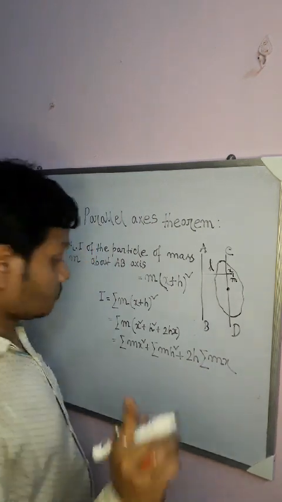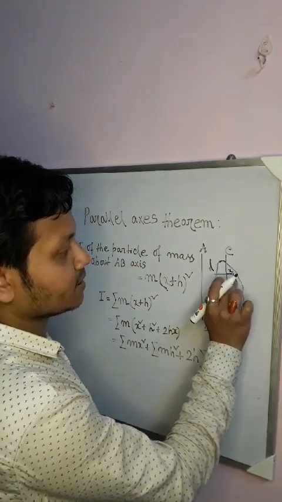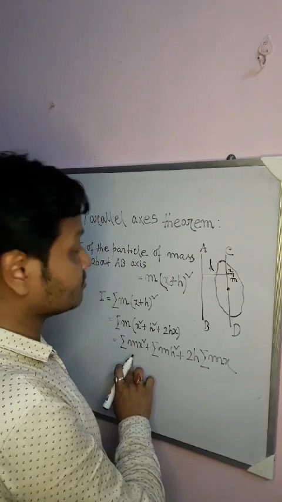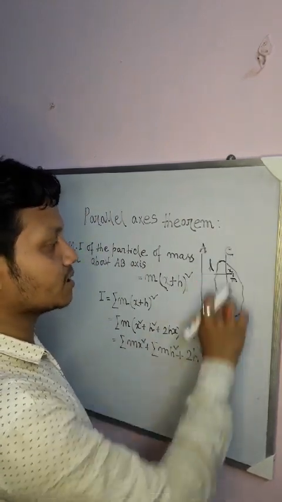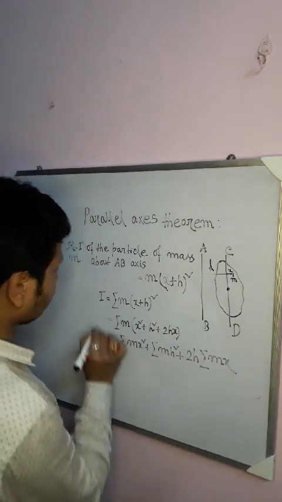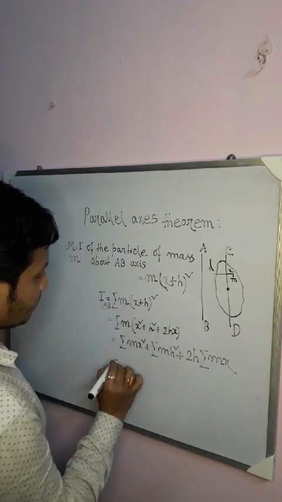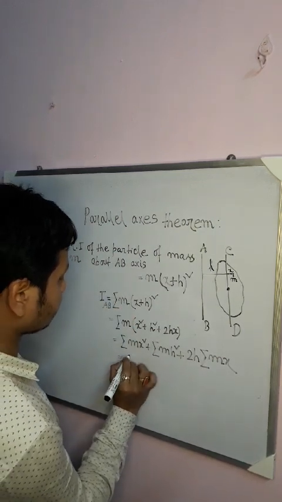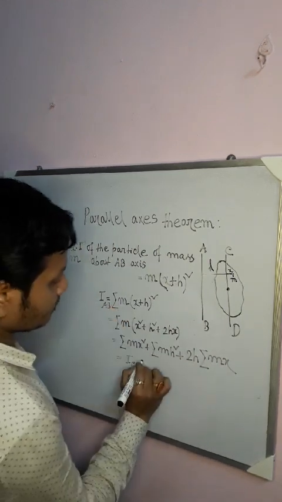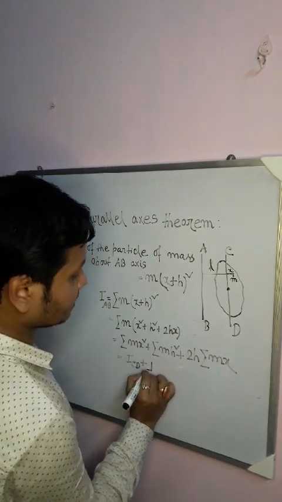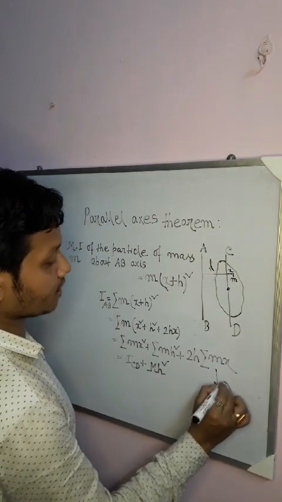Now what is the summation over mx square? This term represents the moment of inertia of the entire body about the axis CD, that is I CD. And the summation of m, that means the entire mass M into h square. And this last term will become 0.